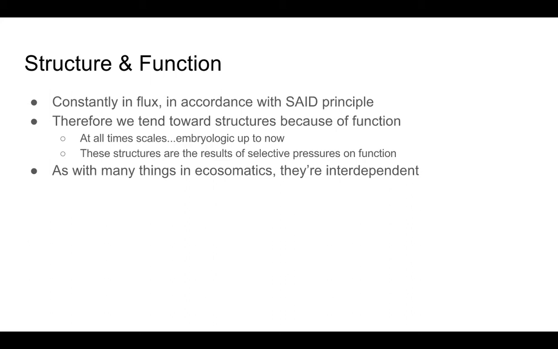As I perform the function of picking something heavy up from the ground, I of course change my structure. I get soft tissue adaptations, neural adaptations. Now, that structural change improves my performance of that function as well. So it's a constant back and forth. It's a continuum. They are, in fact, interdependent.